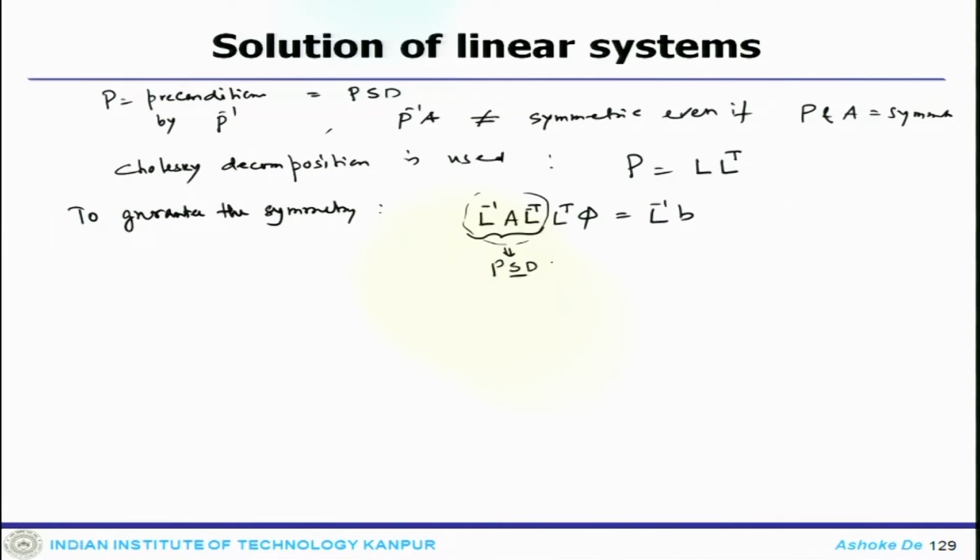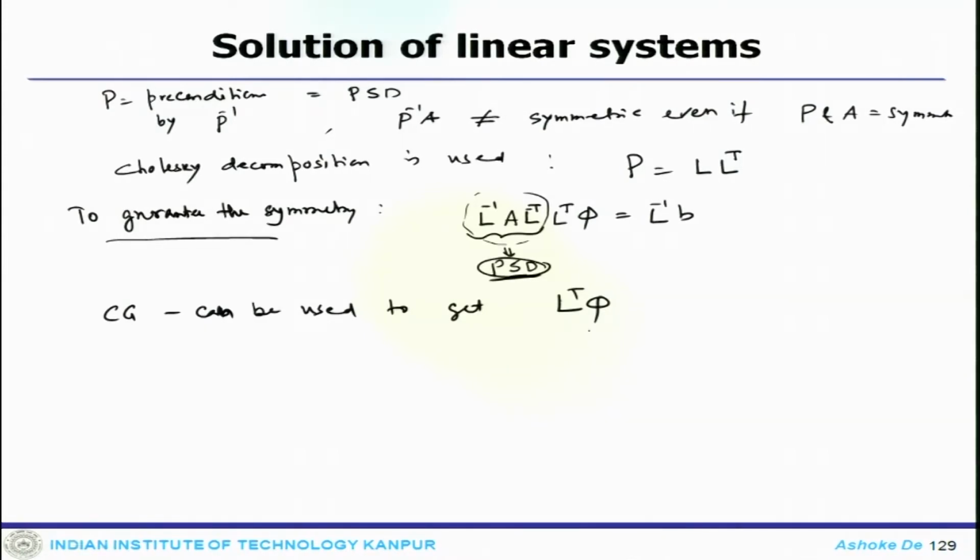Once you use this kind of Cholesky decomposition to get the preconditioner, the matrix is positive symmetric definite. So, now the CG method can be used to get L transpose phi, from which phi can be found. For variable substitutions, L can be eliminated from the equations without affecting the symmetry or the validity of the method.